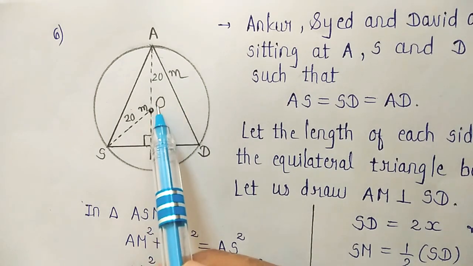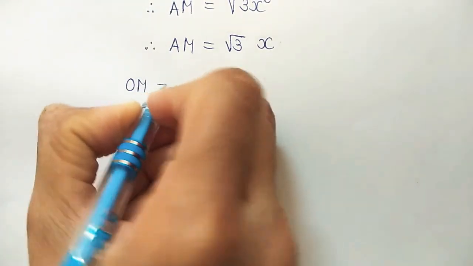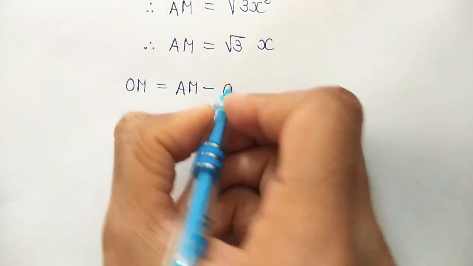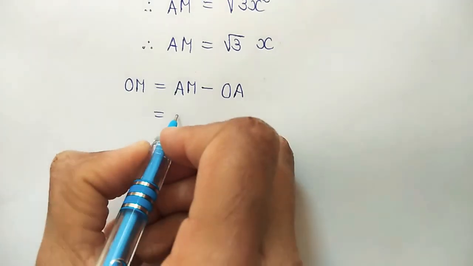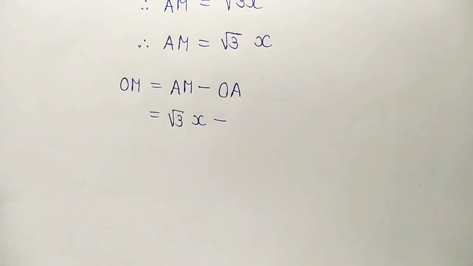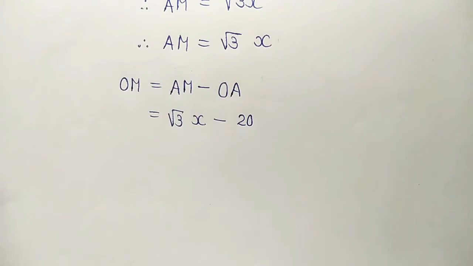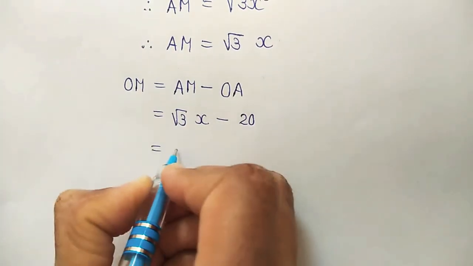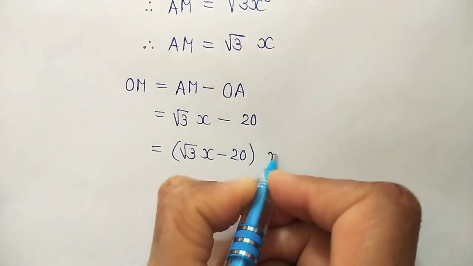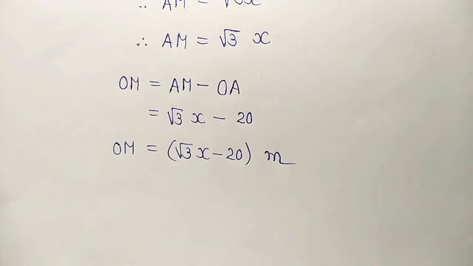OM is equal to AM minus OA. AM we have is root 3x minus OA, which is 20 meter. So we'll write root 3x minus 20 meter. This is the value of OM.